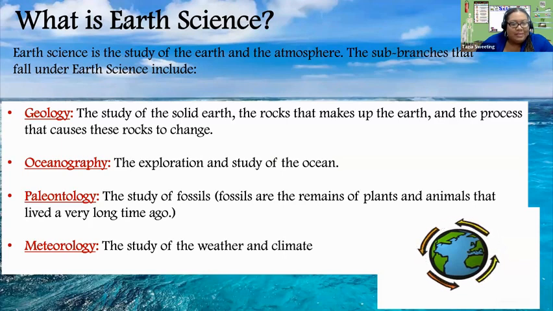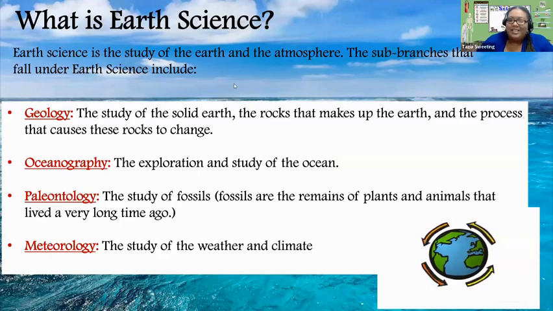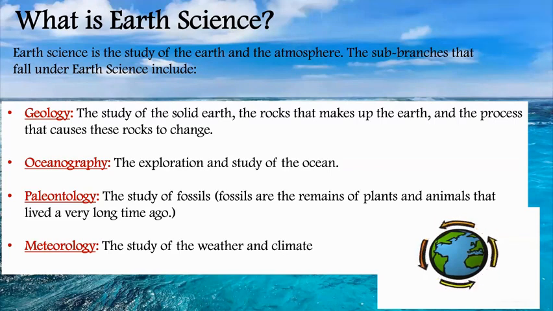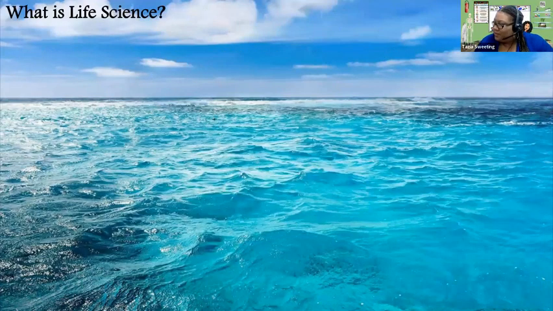Now on to our last branch of science, which is what? What's the third one we're missing? Health science. Not health. We did physical science. We did earth science. Life science. The one that deals with life, living organisms.